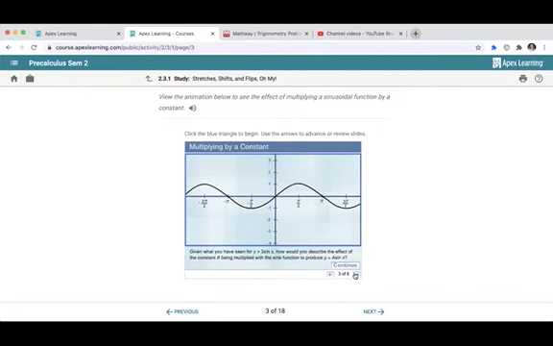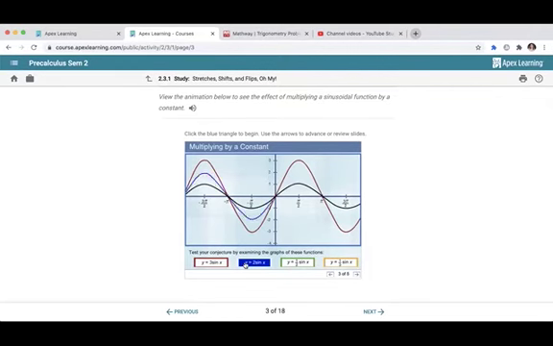Given what we've seen, think about how you would describe being multiplied by a constant. What would being multiplied by a constant look like? As we just found out, if I multiply by a number greater than 1, it's going to have this resulting increase.